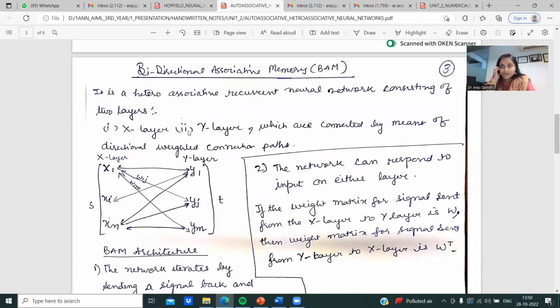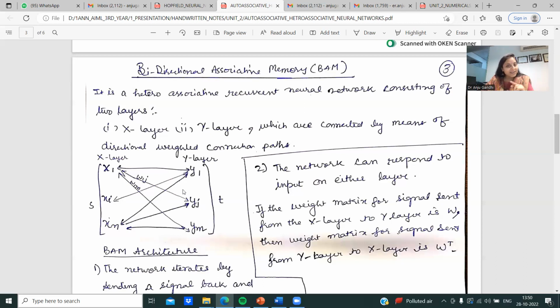It has an X layer and a Y layer, which are connected by means of directional weighted connection paths. So we have X1, Xi, Xn, and Y1, Yj, Ym. This is the set of sources and this is the set of targets; it is known as the X layer and the Y layer.